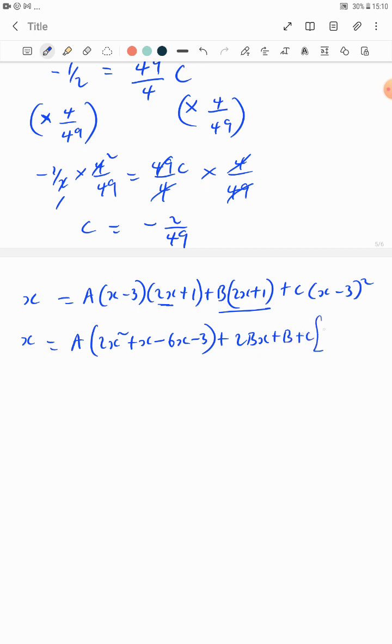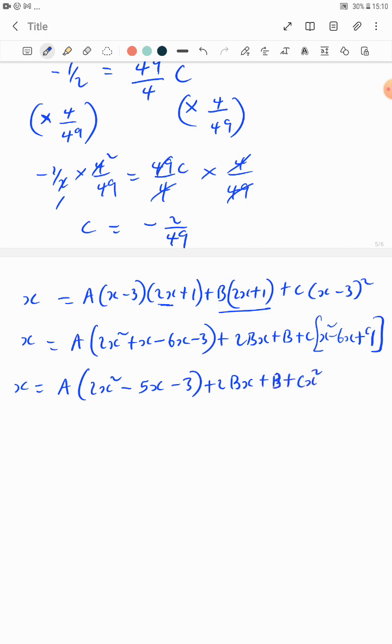If we do x minus 3 squared, that will give us x squared, obviously minus 6x, okay, and then we have plus 9, okay, that's what we have. So we now have a, okay, bracket 2x squared, we have minus 5x, okay, minus 3 plus 2bx plus b plus cx squared minus 6cx plus 9c, okay.